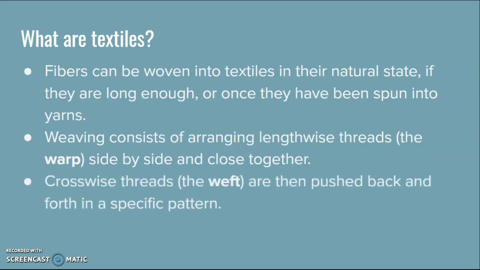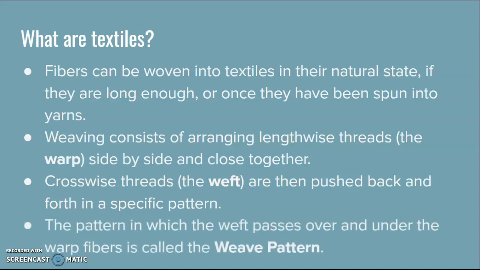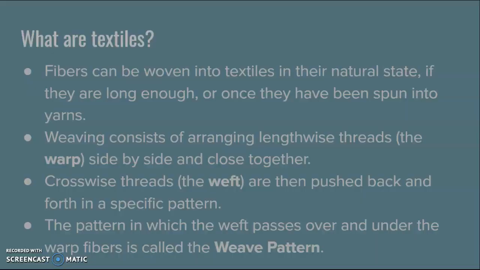Crosswise threads, the weft, are then pushed back and forth in a specific pattern. So going vertically is going to be the warp, and then horizontally is the weft. The pattern in which the weft passes over and under the warp fibers is called the weave pattern.